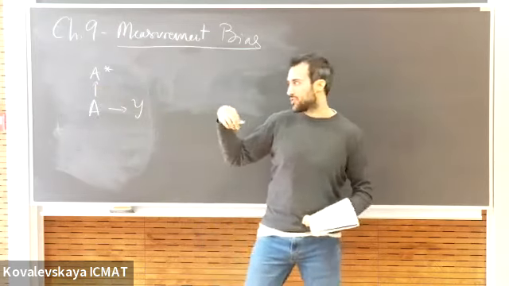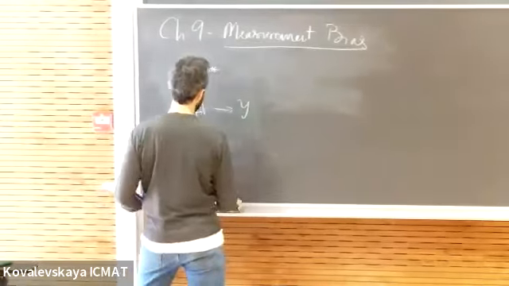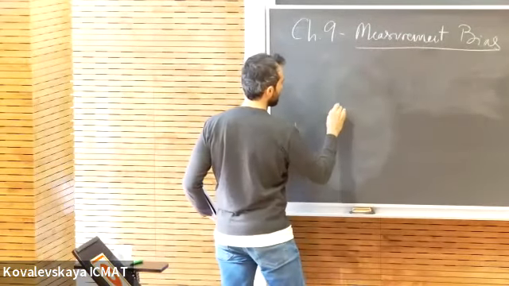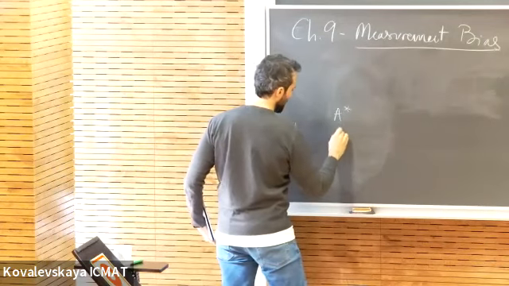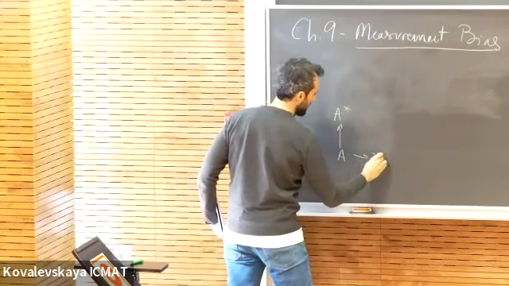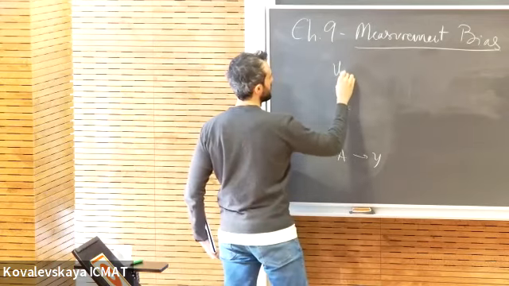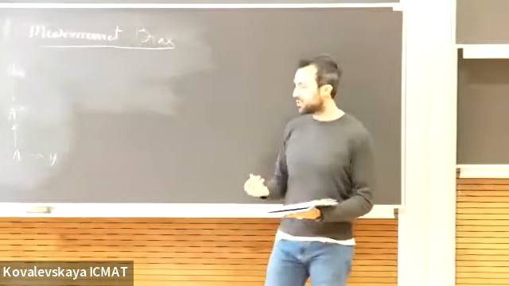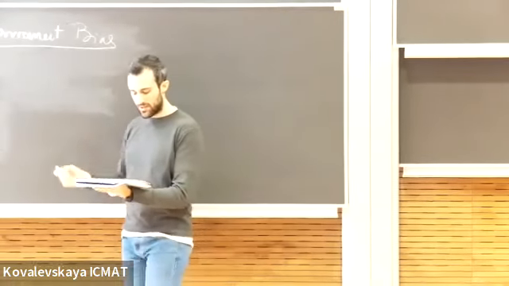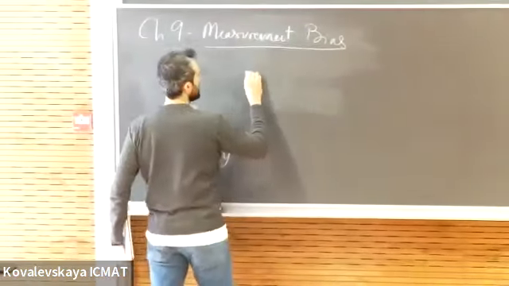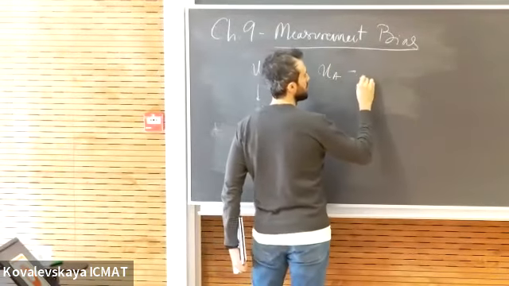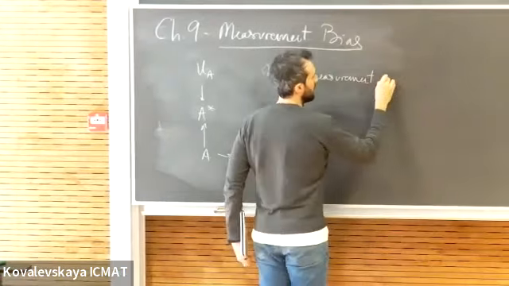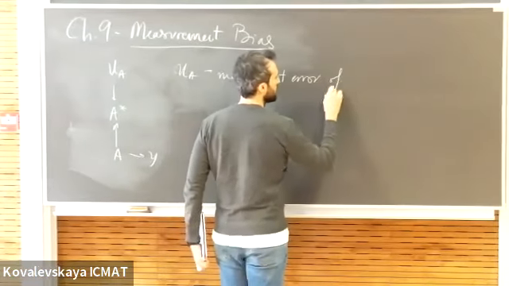And A star is also affected by, let me move this diagram a little bit further down, different sources of error, right? What we are going to call measurement error is going to be this UA. Okay, so UA is the measurement error of A.